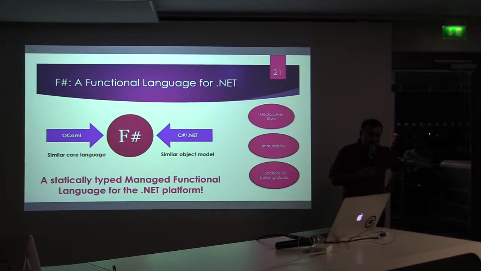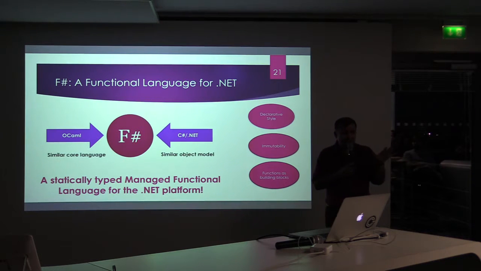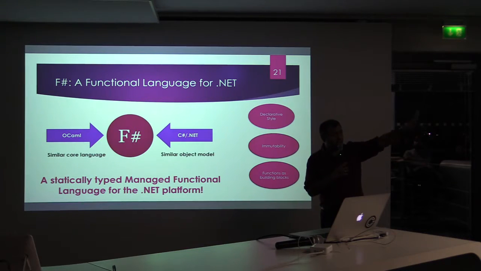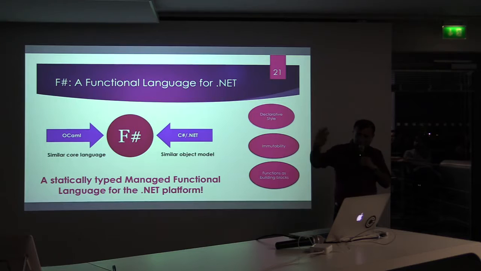So when you look at languages in real life, we may think of functional language and object-oriented language, but in truth, real life it's a spectrum, right? And if you put functional on one side and object-oriented on the other, Scala is something like in between, 50-50. F# is something like 25% object-oriented, 75% functional.